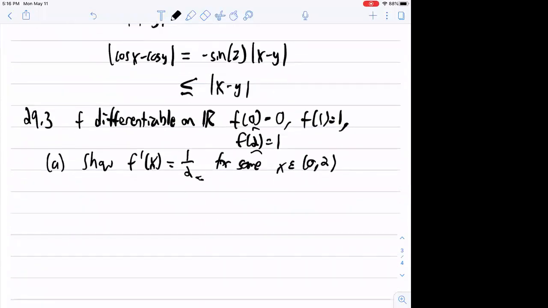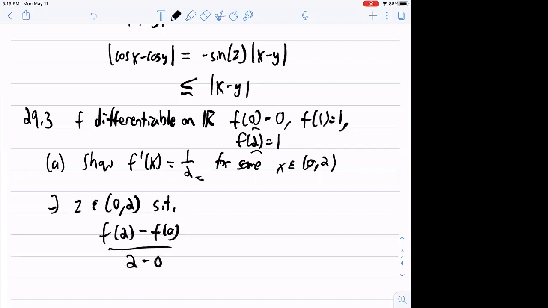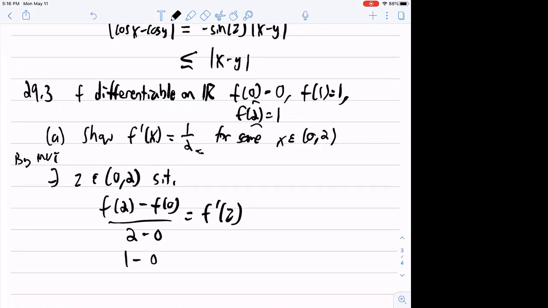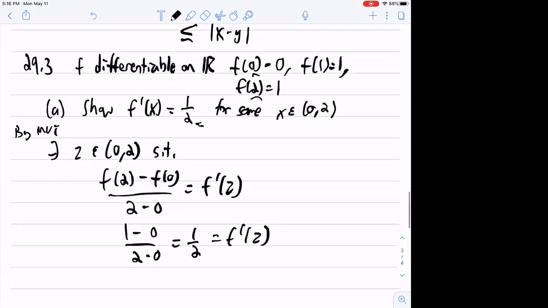So there exists z in 0, 2 such that f of 2 minus f of 0 over 2 minus 0. So by MVT, right? Here I get 1 minus 0 over 2 minus 0, right? So we are done. Okay.